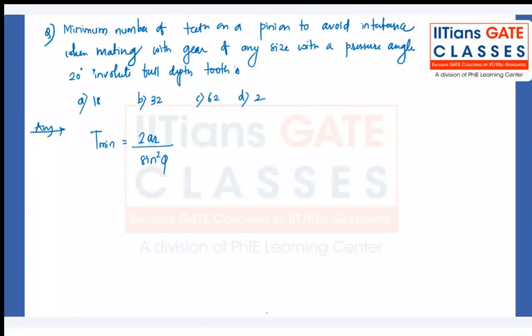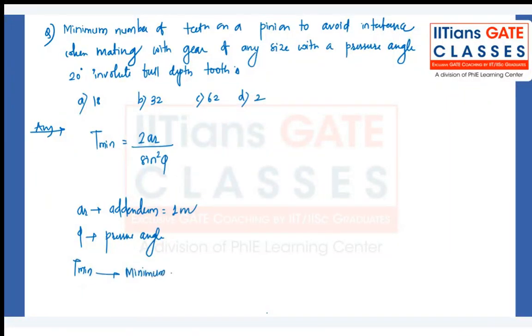Okay, let me repeat that. If you remember, AR is your addendum, which is generally one module. Phi is your pressure angle, and T minimum is the minimum number of teeth to avoid the interference.